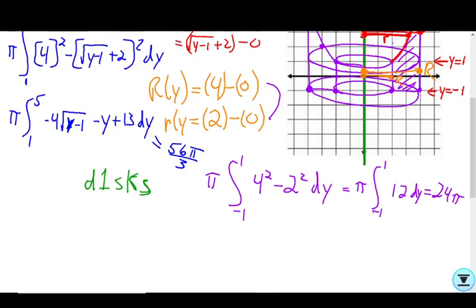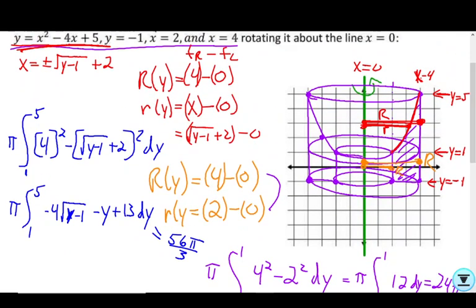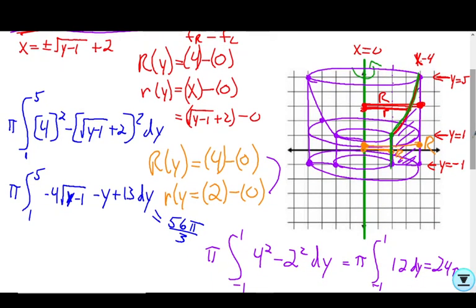Now, the hardest part about this problem is recognizing that you have to do two separate integrals, because your inner radius changes from this function here to this function here. If you had done the same one the entire time, it would have given you some kind of funky answer, because you would have ended up at this point, this side would have gone back up like that, and you would have had something that looked like this.